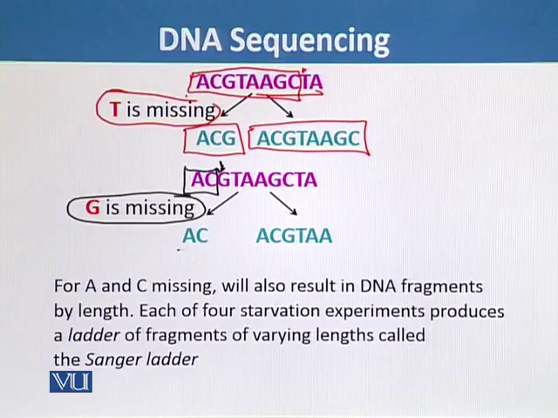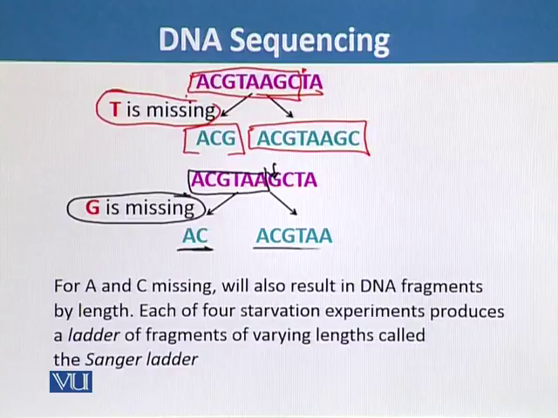One is AC, and if there is a second possibility that guanine is here, then it will be terminated from here, and we will obtain ACGTAA. So by using this technique, we can see that different fragments are obtained.